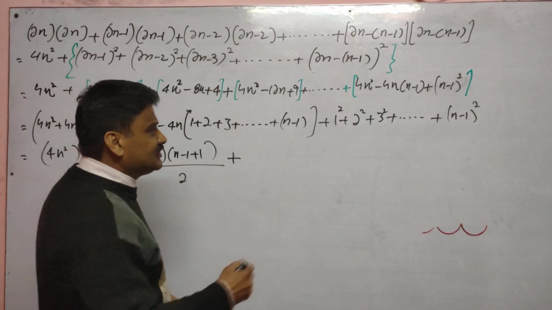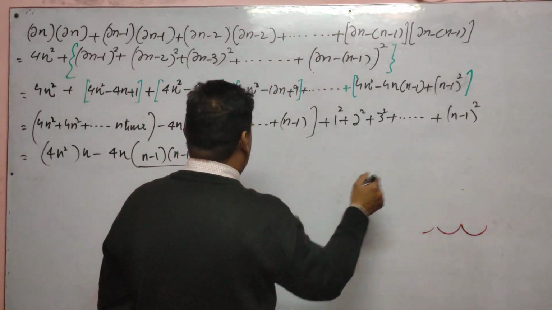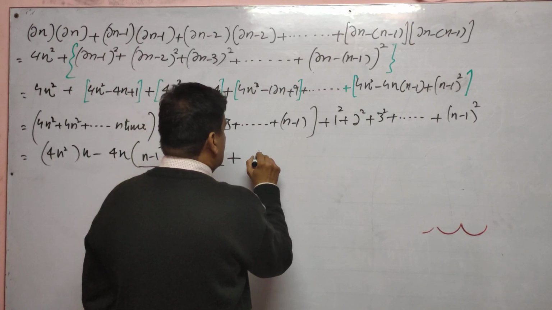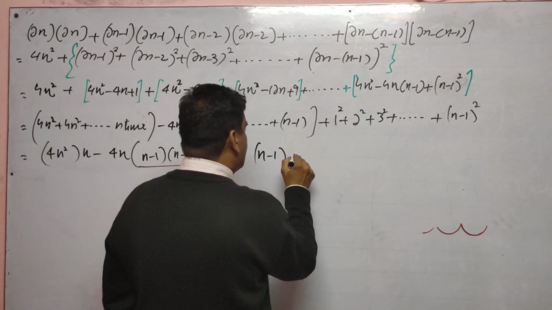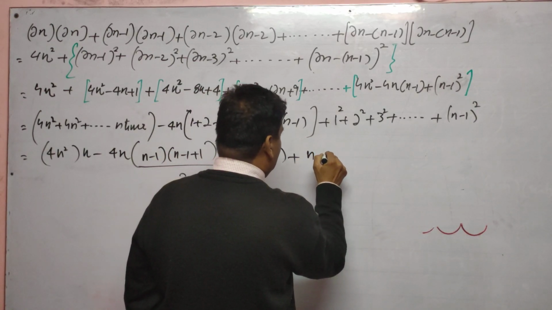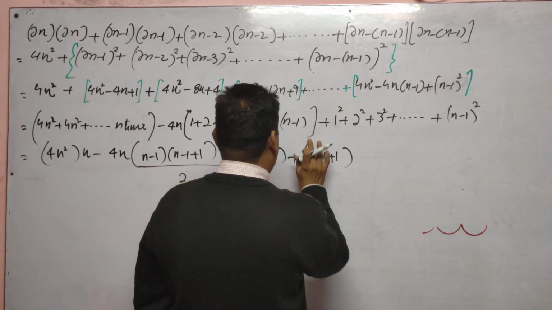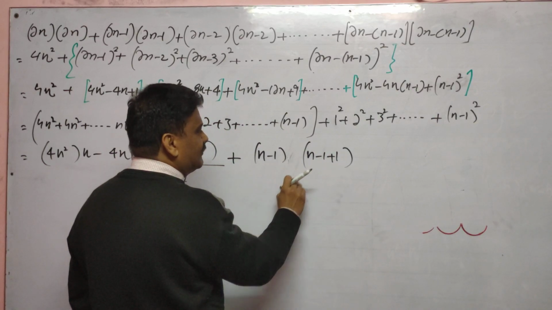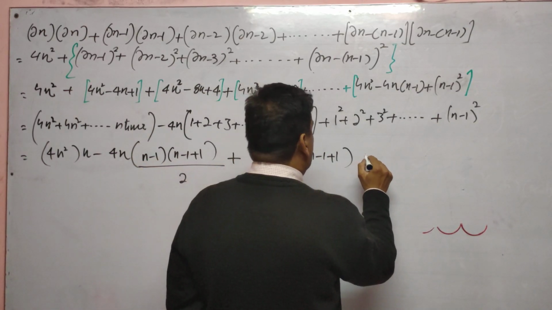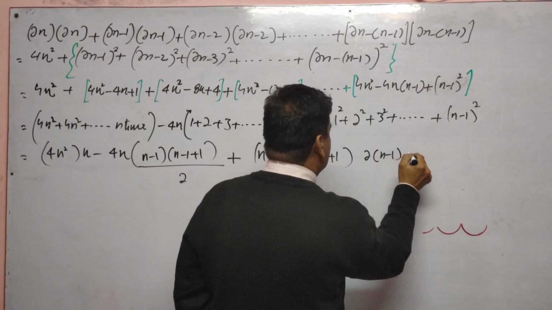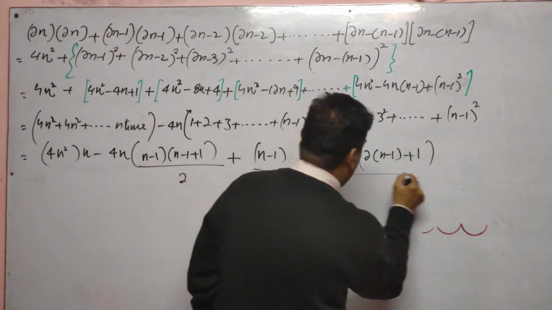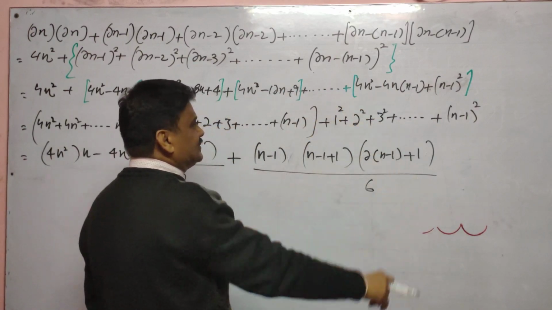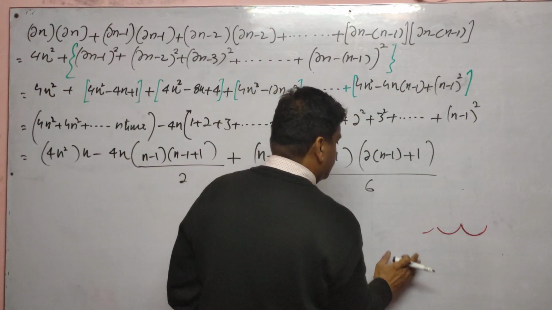The sum of squares up to n minus 1 is n minus 1 times n minus 1 plus 1 times 2n plus 1, divided by 6.